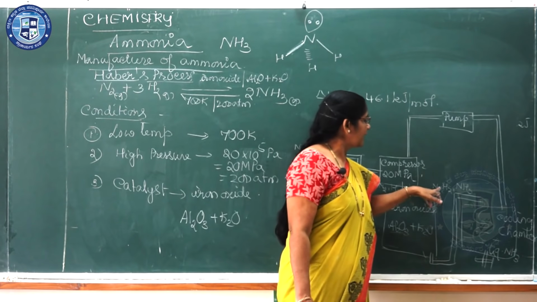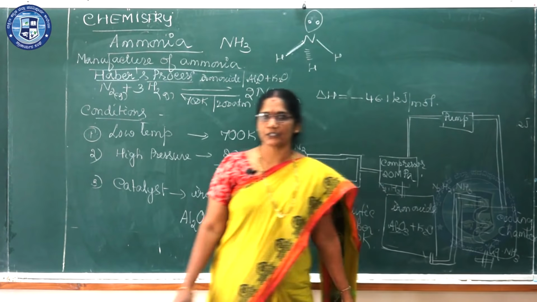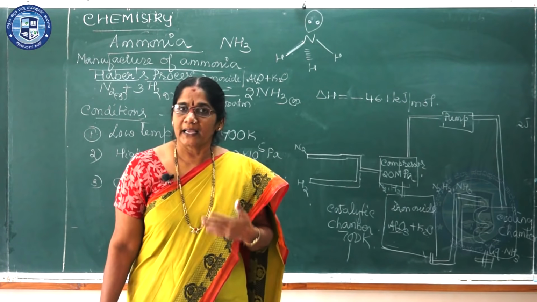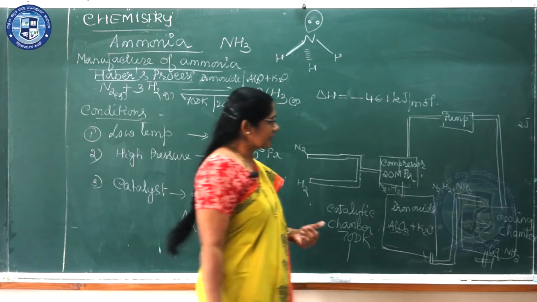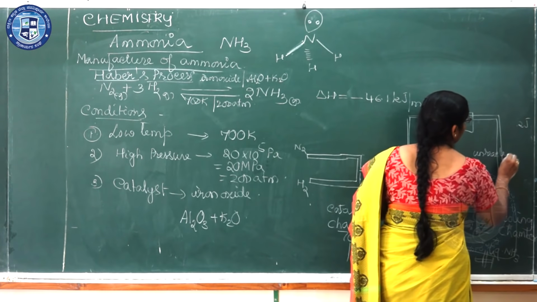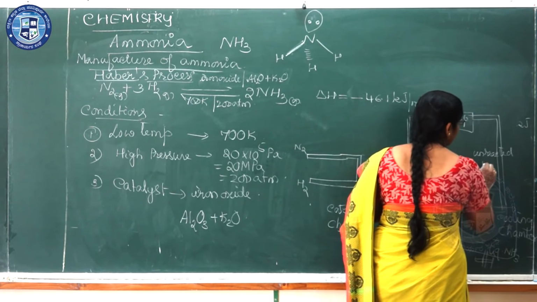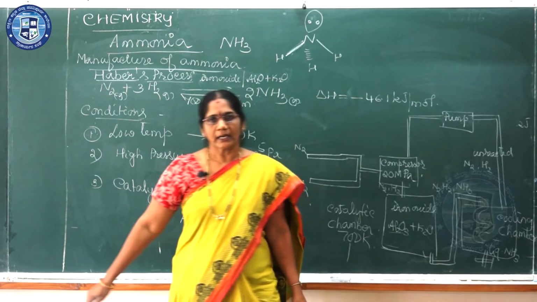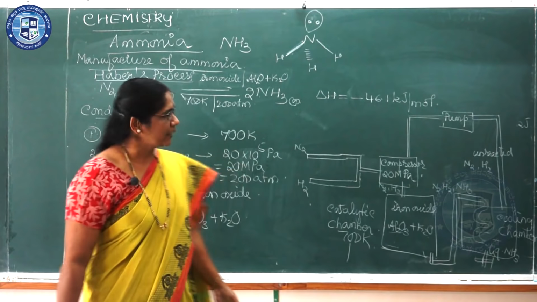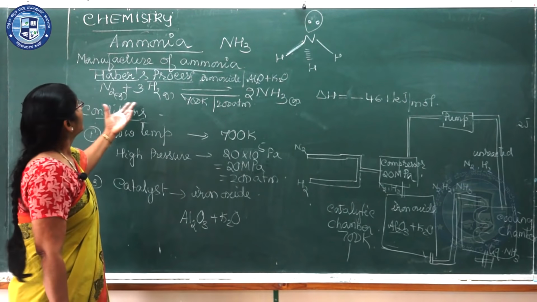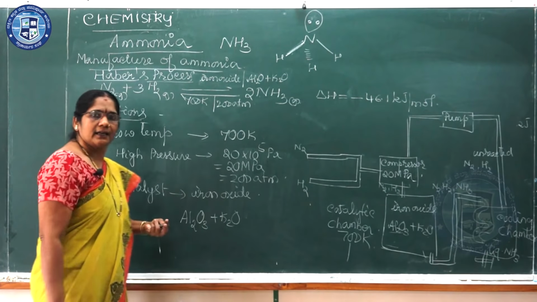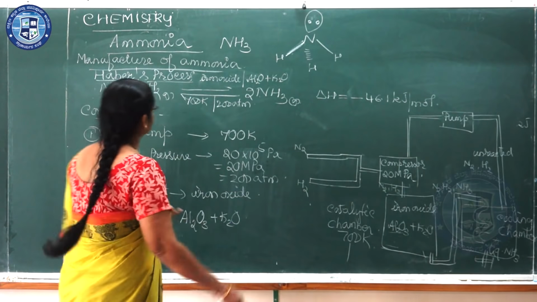Ammonia along with the unreacted nitrogen and hydrogen is passed into the cooling chamber, where ammonia starts liquefying at minus 33.3 degree centigrade, and the unreacted nitrogen and hydrogen are pumped back into the compressor, or they can directly be sent to the iron oxide catalytic chamber also. So, this is the flow chart for Haber's process. I think you have got the points now.